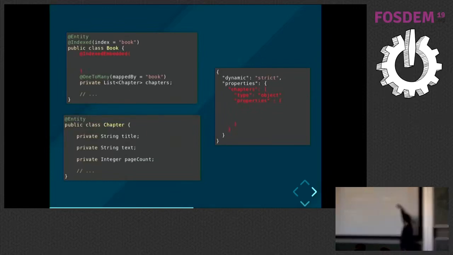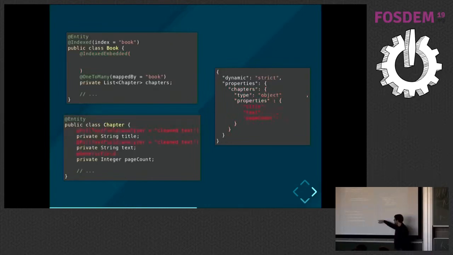And Hibernate Search will be able to add a chapters list of objects in your schema. Now, as before, the chapters are initially empty because you didn't tell Hibernate Search what to index from your chapters. So you also need to add annotations on your fields in your chapter to tell us what you really want to index and how to index it. Once you've done that, then everything is indexed as part of the book.